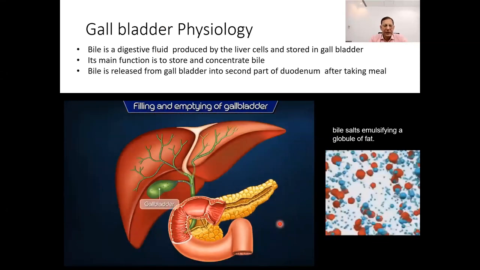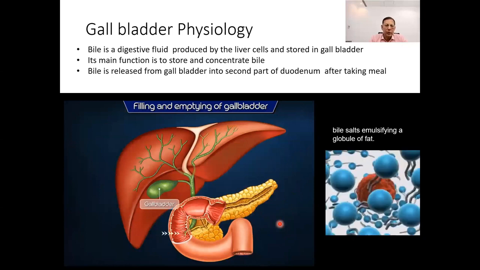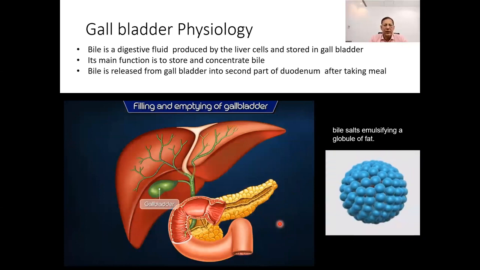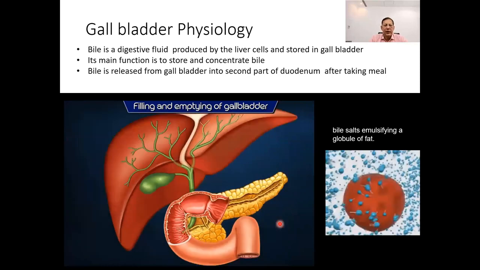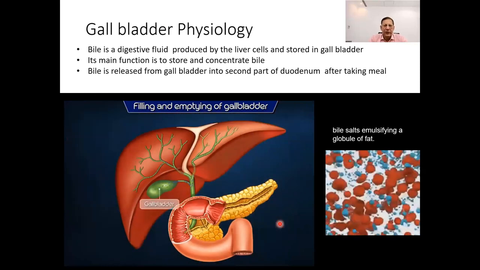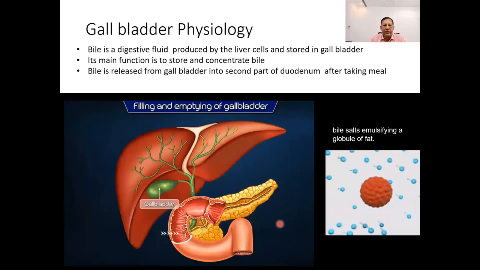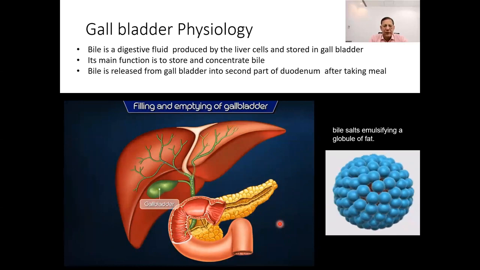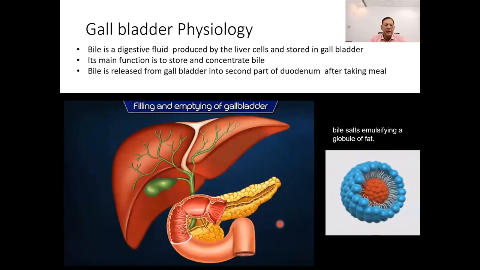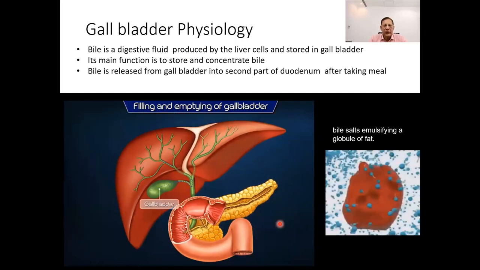The physiology of the gallbladder. We know that bile is a digestive juice, which is basically synthesized and produced by the liver cells called hepatocytes. It is formed throughout the day, and its main constituents are water, electrolytes, bile salt, cholesterol, bilirubin, as we have studied before.